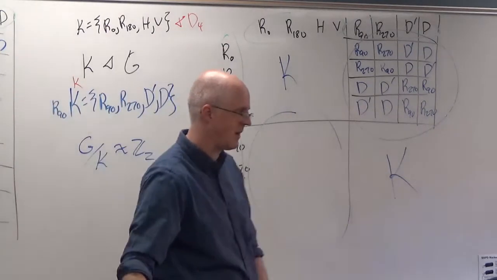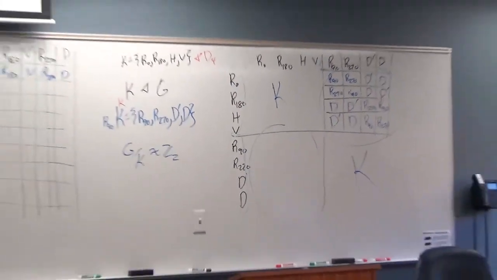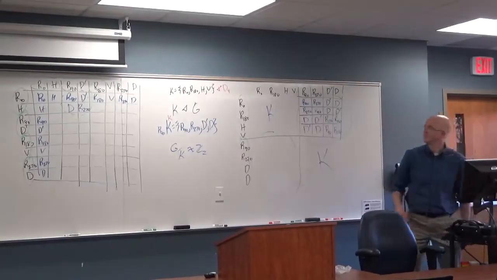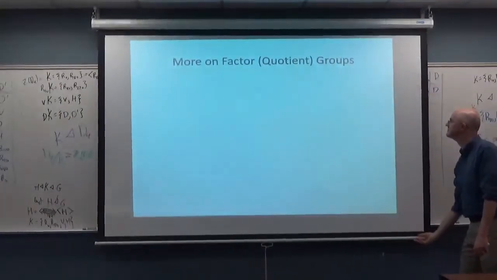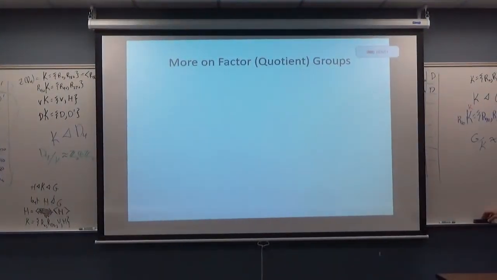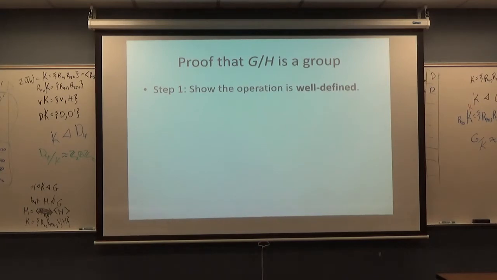All right, what about proofs related to factor groups? First thing we should do is verify that the factor group really is a group. And the hardest part of that proof is showing the operation is well defined.